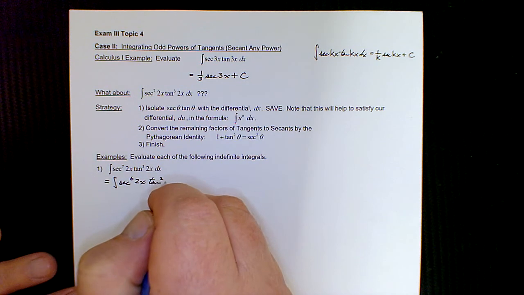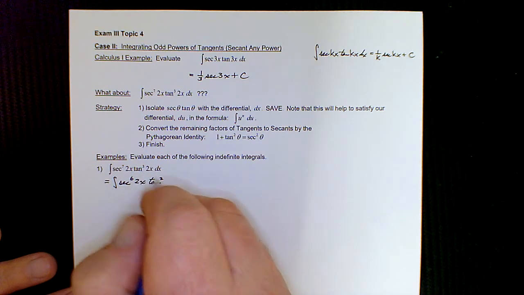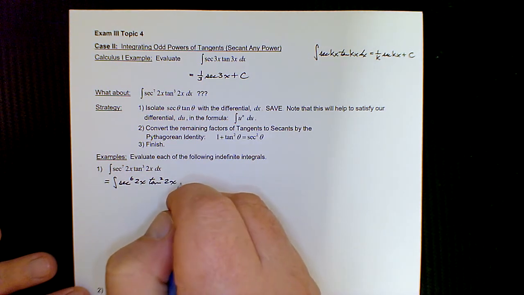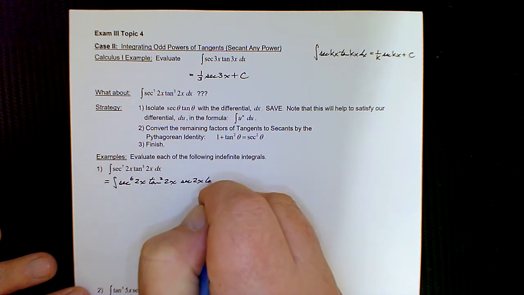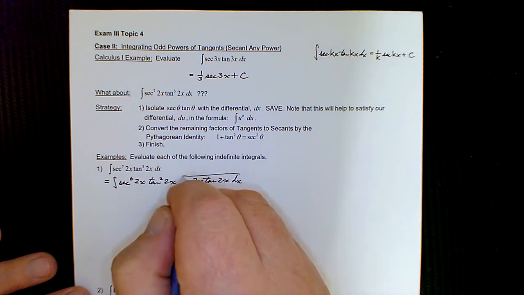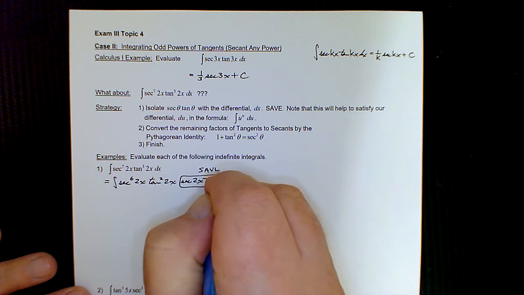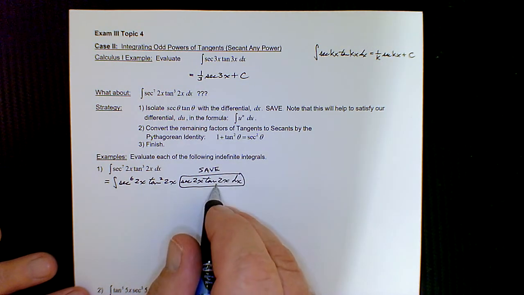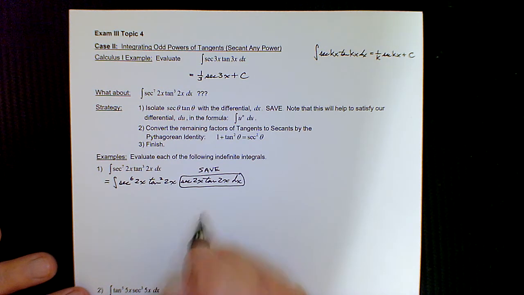Taking away 1 factor from tangent cubed, we're left with tangent squared of 2x. And those 2 factors that we borrowed, in that order of secant 2x, tangent 2x, we put with the differential dx, go so far as to box it off and write the word save. And I mention in that order of secant tangent because that is how we remember the formula for the derivative of secant.